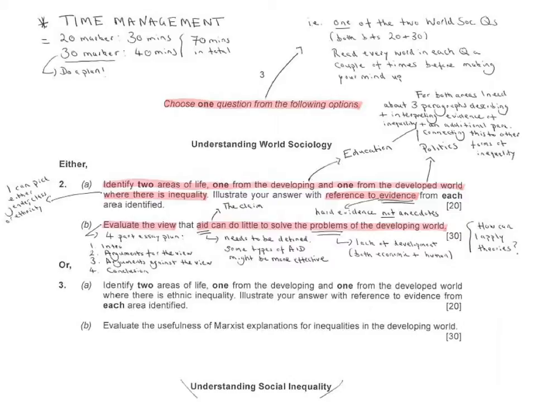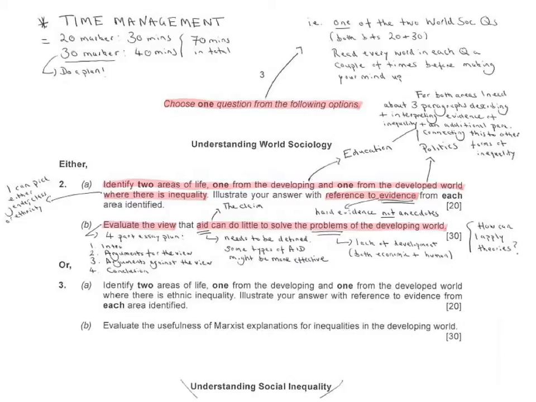So we can see that underneath the World Sociology title we've got two questions. We've got question 2, and it's got A, which is the 20-mark question, and then B, which is the 30-marker. Or we do question 3, which again has the 20-marker and the 30-marker.